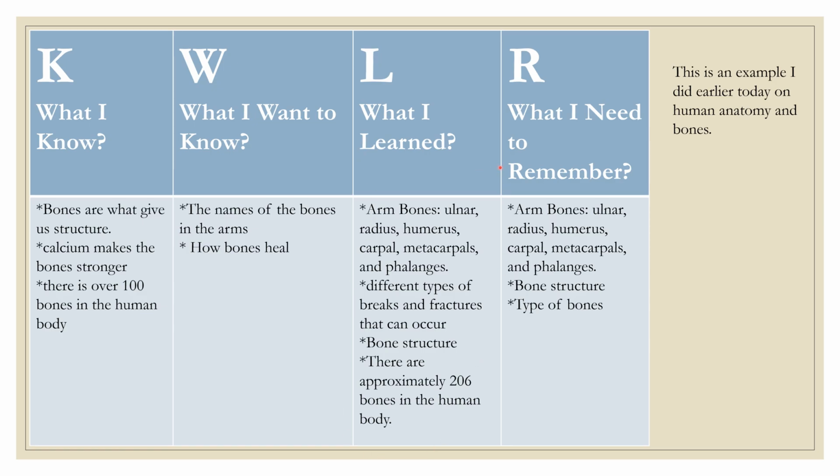And then up here is our bow. It's what I learned from the readings and the lesson, which as you can tell is quite a lot, honestly. And the R is the most important column, I feel like, because especially in an advanced placement class, this is what would be important for the advanced placement test or end of unit test.